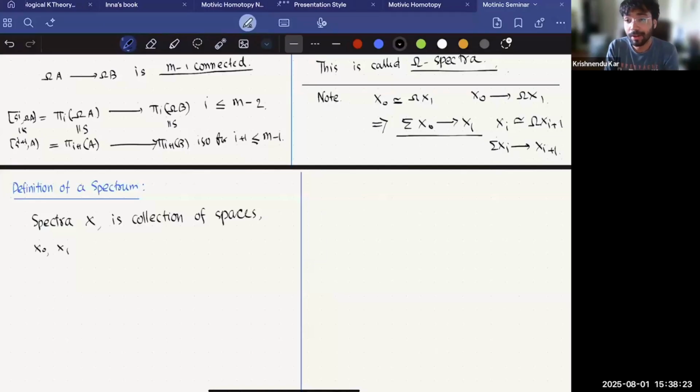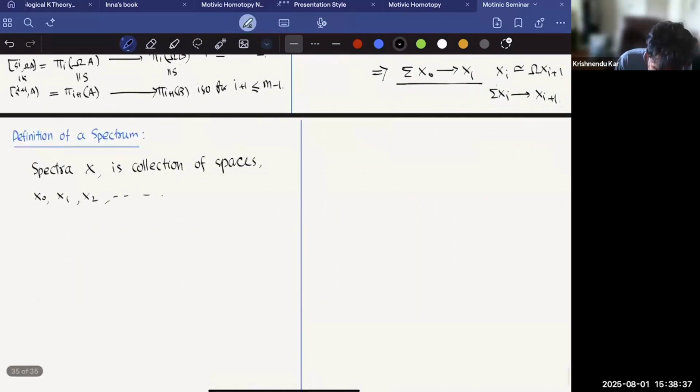That means you can also run it on Z indexing, but I'm running on N indexing: x0, x1, x2, and so on, together with a collection of maps, the suspension of xi to x(i+1), called the map sigma i.